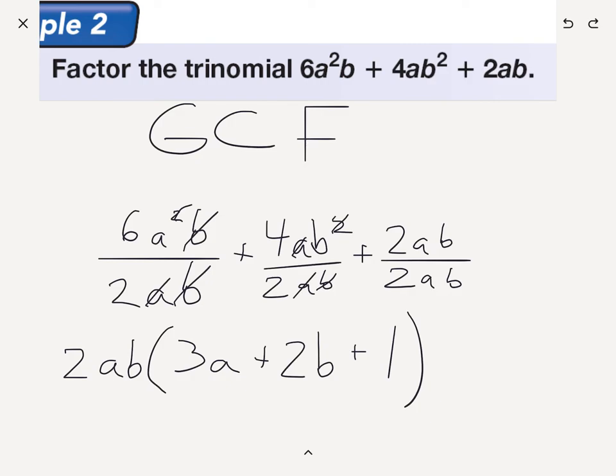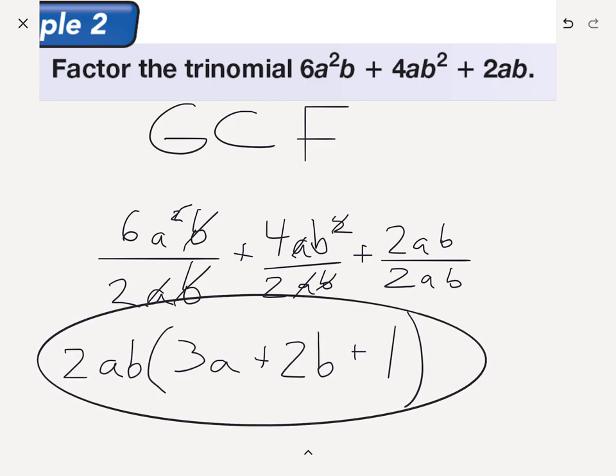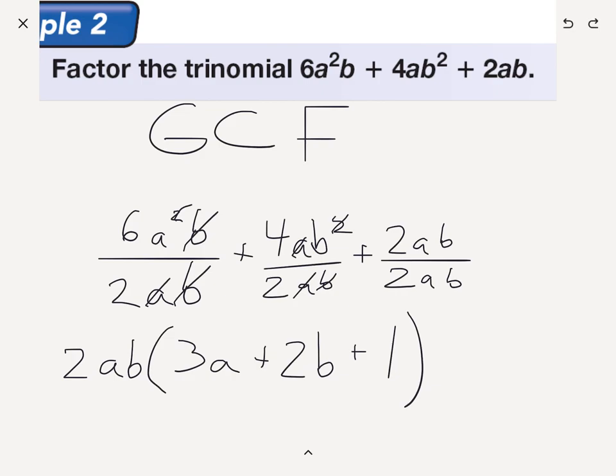And then, once we divide each term by 2ab, 3a plus 2b plus 1, if you multiplied each one of those by 2 times a times b, then you'll end up with the same thing that you started. But in this case, we've got something that could be useful later on if we were working on a larger equation where this would be simplifying what we were trying to do. So this feels like a piece of a larger puzzle, but it all makes sense.